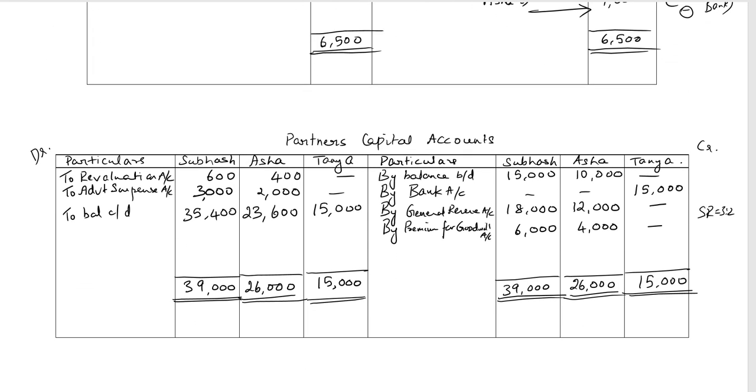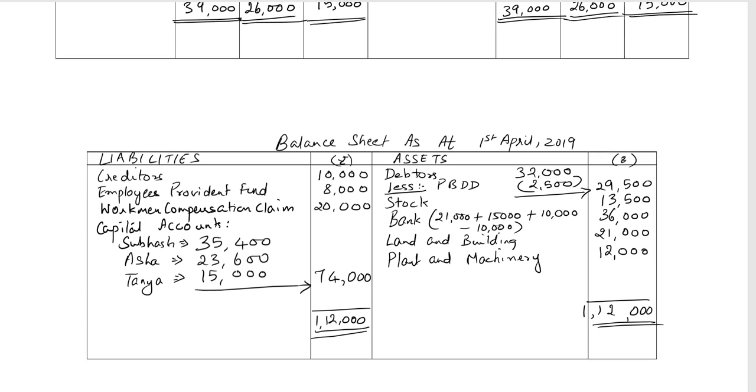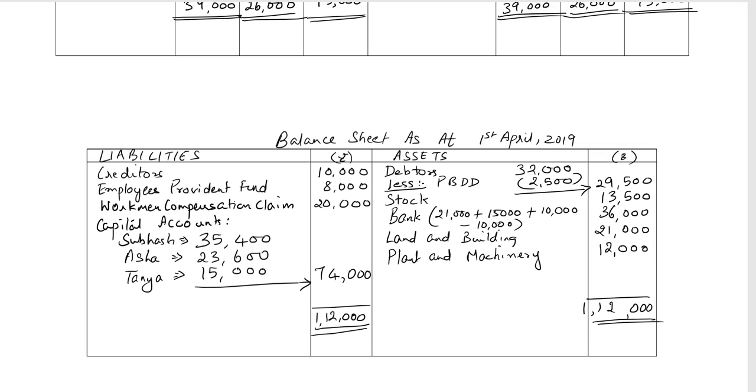We were left with the balance of capitals. In the case of Subhash, 35,400 rupees. In the case of Asha, 23,600 rupees. And in the case of Tanya, 15,000 rupees. So this we took to the balance sheet, the capital accounts. We inserted the revised values of all the other assets and liabilities. And the balance sheet tallies with 1,12,000 rupees on both sides.